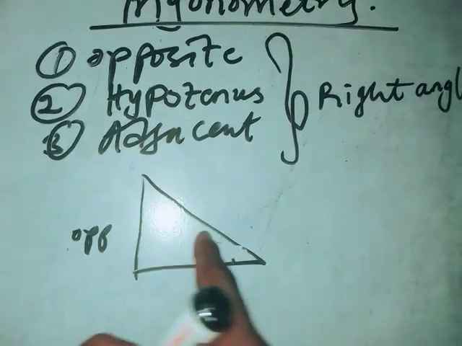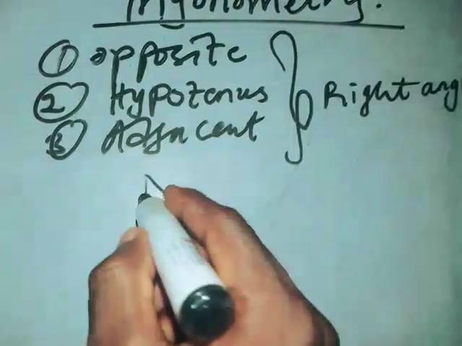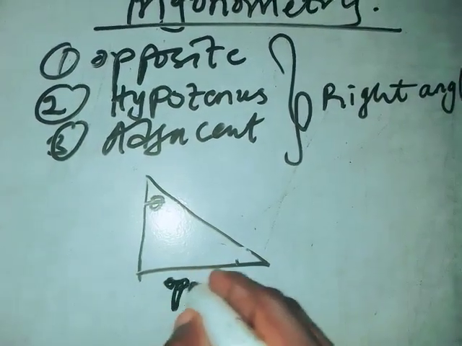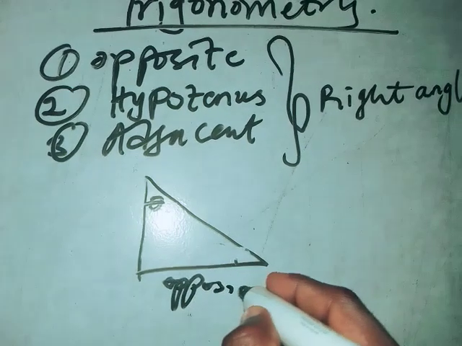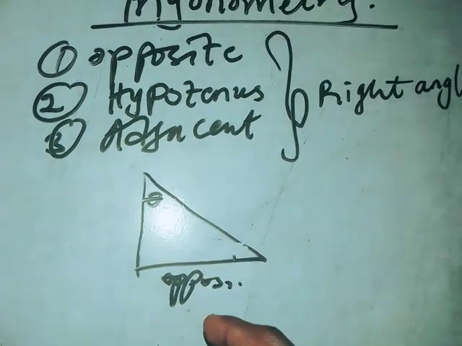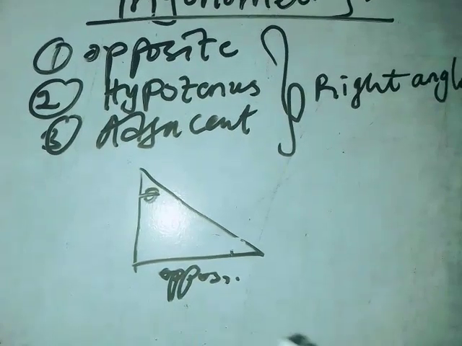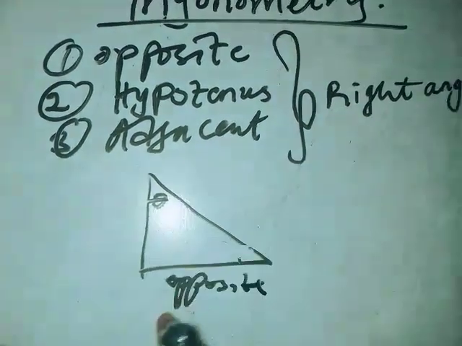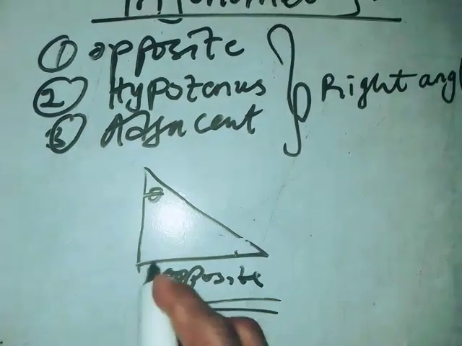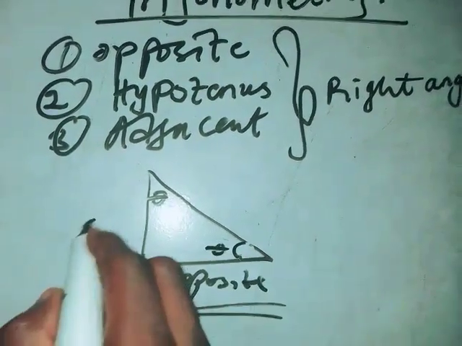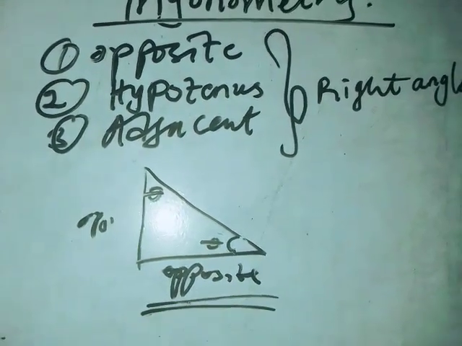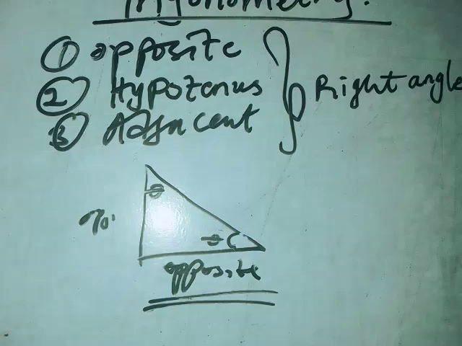If I clean this angle here and put my theta here, this side is now becoming the opposite, because I define the opposite of any angle as the side facing the angle. So opposite faces the angle in the triangle. I hope you are getting me.